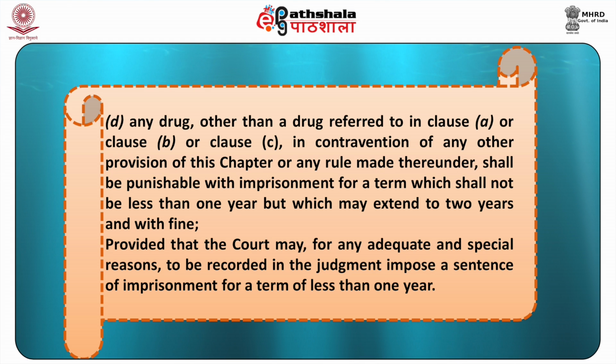Any drug other than a drug referred to in clause A or clause B or clause C, in contravention of any other provision of this chapter or any rule made thereunder, shall be punishable with imprisonment for a term which shall not be less than 1 year, but which may extend to 2 years, and with fine. Provided that the court may, for any adequate and special reasons to be recorded in the judgment, impose a sentence of imprisonment for a term of less than 1 year.